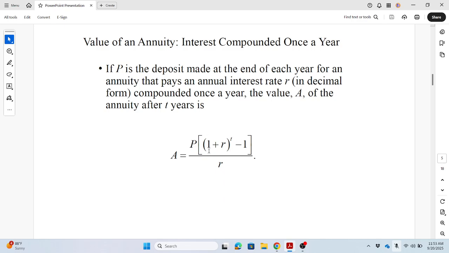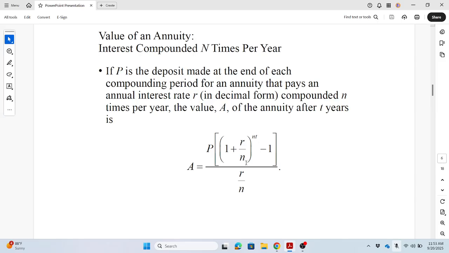There is another formula if you make payments n times a year. This one is for 1 time a year and this one is for n times a year. For example, if you make a monthly payment, then n becomes 12, and we can use the very same formula for finding the actual amount or value of the annuity at the end of that time frame, T years.